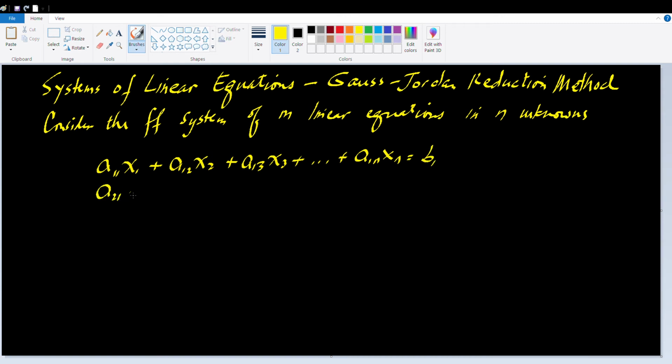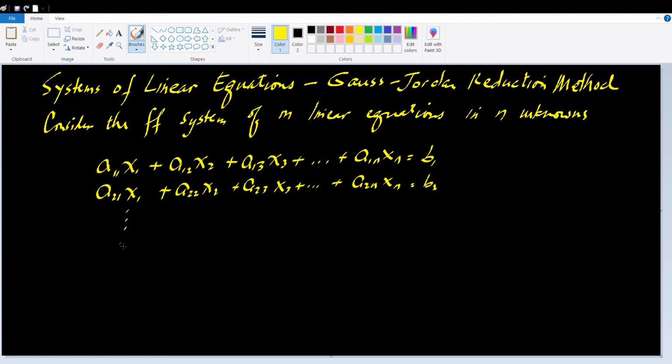a sub 2 1 x1 plus a sub 2 2 x2 plus a sub 2 3 x3 plus and so forth, a sub 2n xn equal to b sub 2.